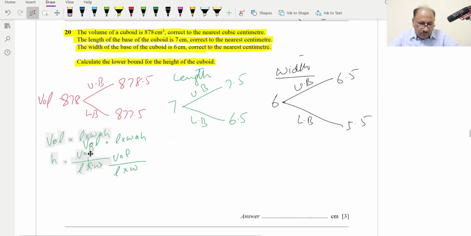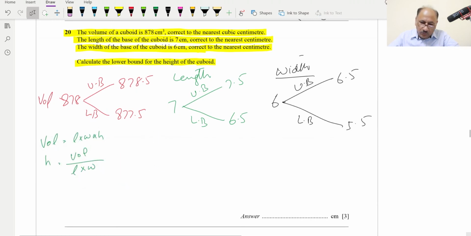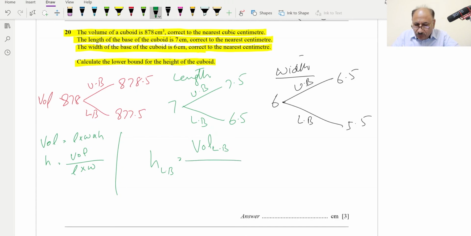So what we will do for lower bound of height, lower bound will be equal to, we will take volume lower bound and divide it with upper bound of L and upper bound of width, so that we should get the minimum answer.